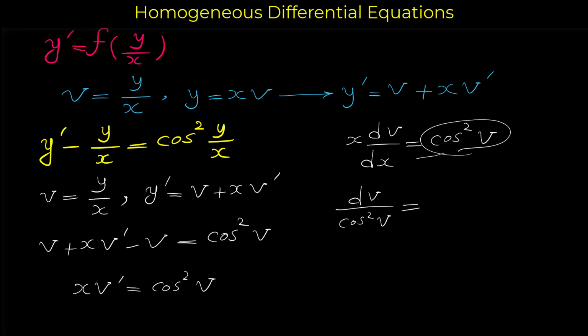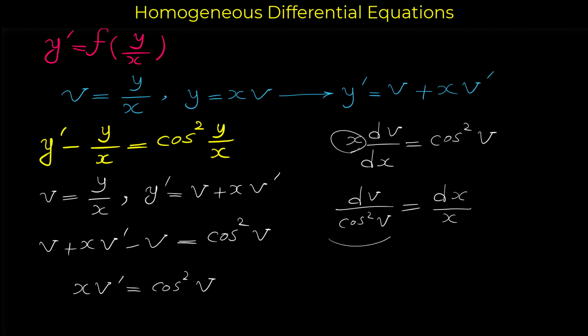We bring this to the denominator of dv because we want dv to be with v. Every expression with v must be with dv. And we bring dx to the top, and x from here goes to the denominator. So we get to this separable differential equation.